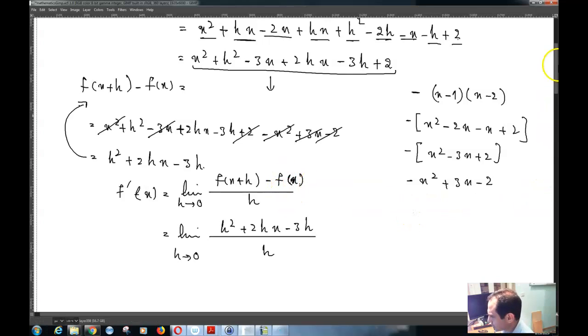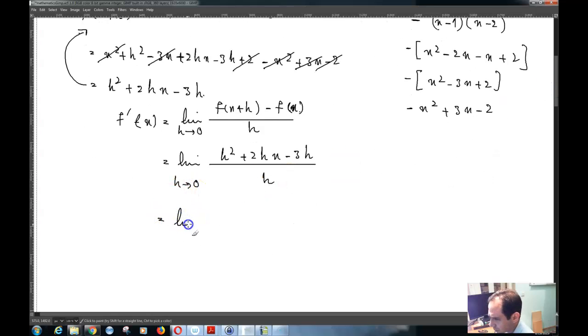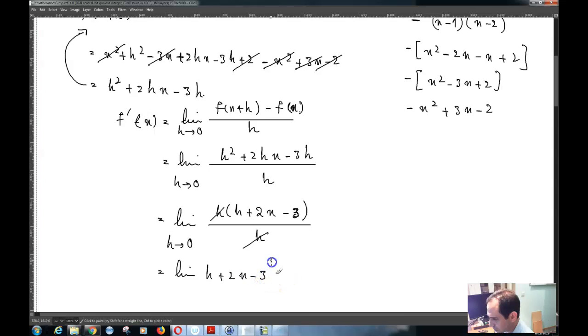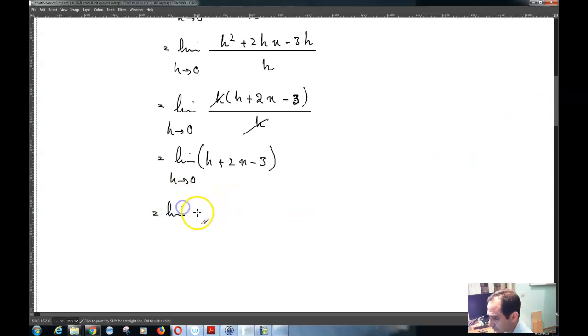So then you can write this as the limit of h times h plus 2 times x minus 3 over h, and you can cancel these out as h tends to 0, which is equal to the limit of h plus 2x minus 3 as h tends to 0, which is equal to the limit of h as h tends to 0 plus the limit of 2x as h tends to 0 minus the limit of 3 as h tends to 0.